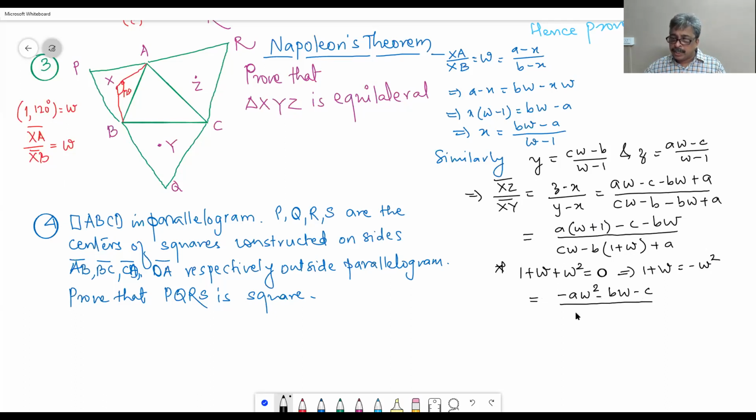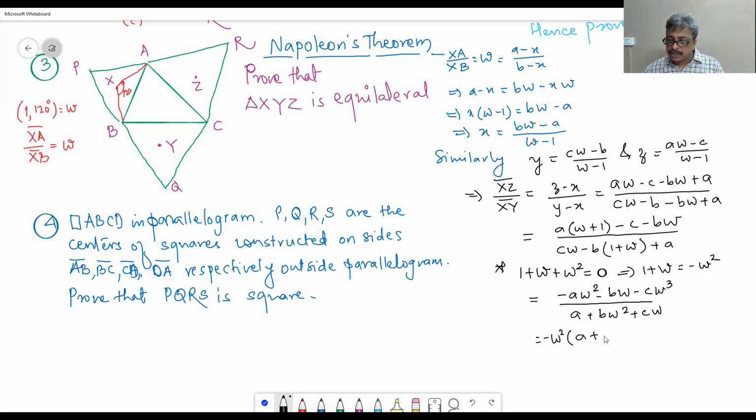minus, let me write down, a plus b omega square plus c omega. And now we want to take out, say, omega common. So let me write down here omega cube. It is 1, so it doesn't make any difference. I can take out omega square common inside the bracket, maybe minus omega square common from the numerator.